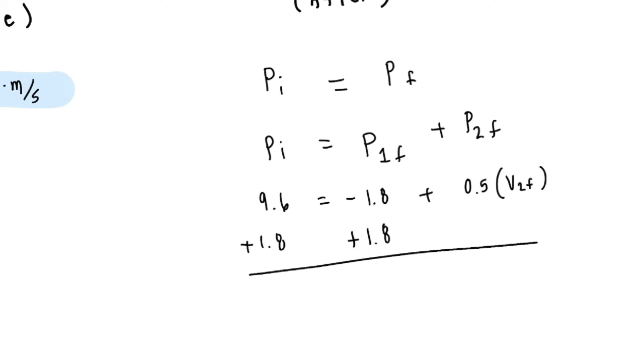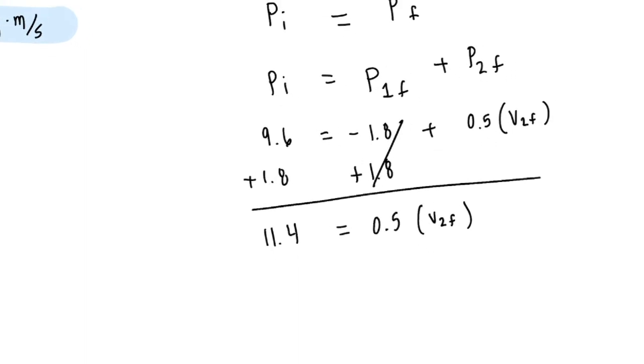So now we get 0 there, and 11.4 is equal to 0.5 V2F. Our final step would be to divide by 0.5, and I get 22.8.